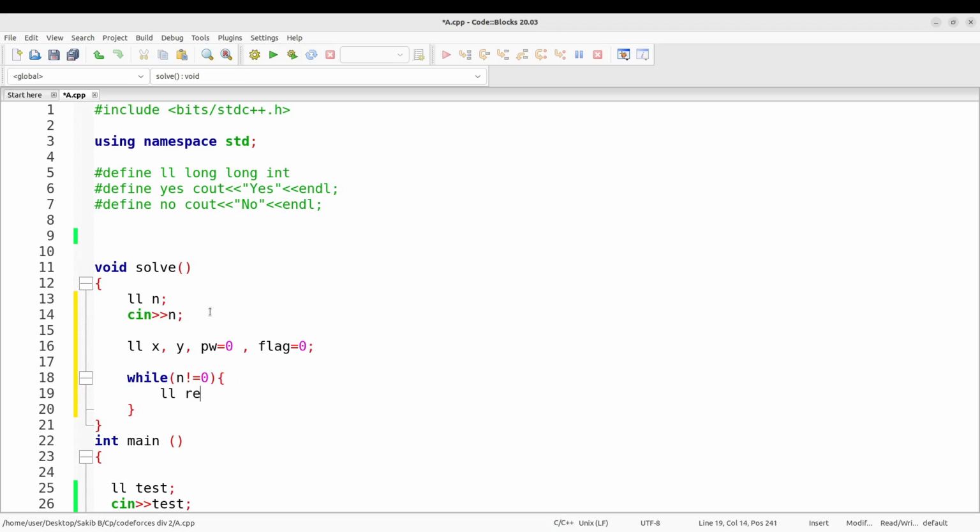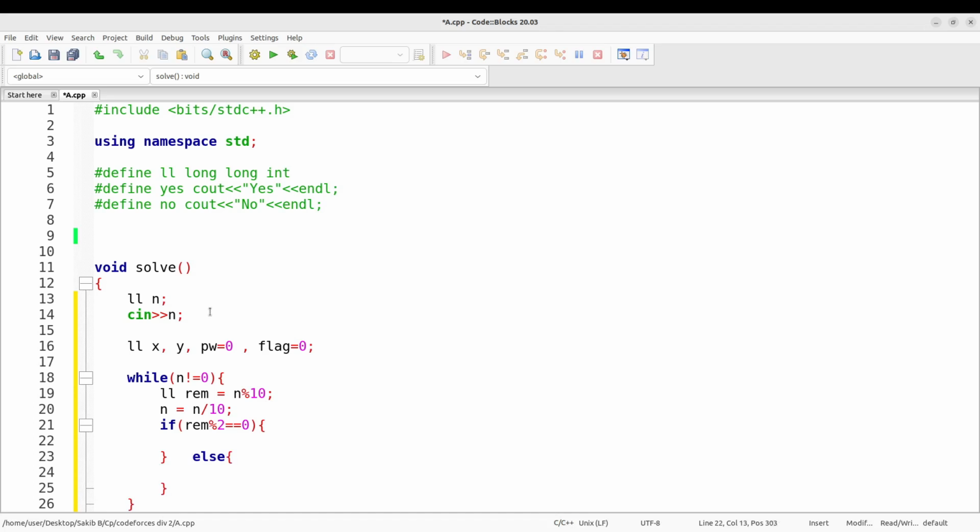Now we get the last digit of the number using n mod 10, and then we remove the last digit from n by dividing by 10. If the remainder is divisible by 2, then we go to the even condition, else we go to the odd condition.